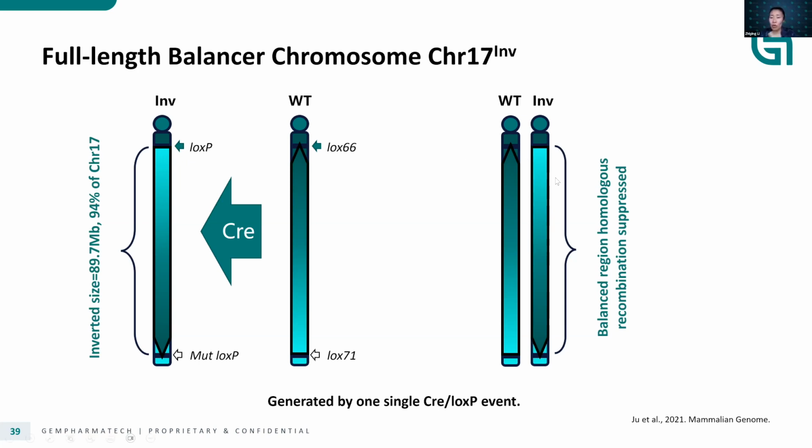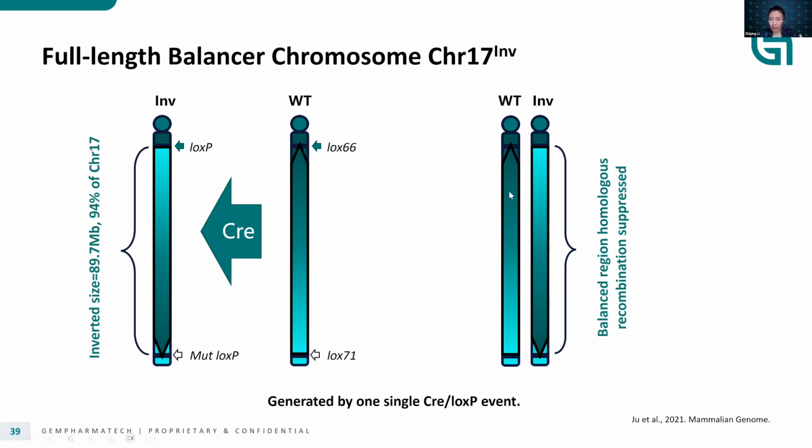When there's no crossing over, there's no spontaneous mutation, and there's no exchange of genomic information between the two sister chromosomes. In that way, the inverted one will be able to remain as it is from the start to the end, very similar to the wild chromosome we're introducing into the pairs of chromosomes.